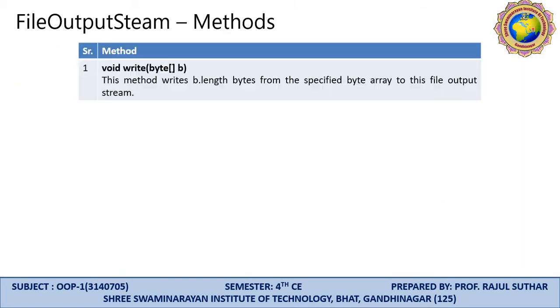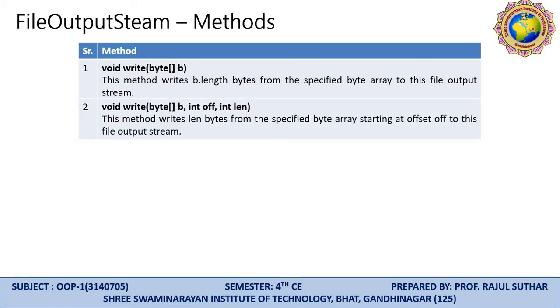FileOutputStream methods. The first method is void write(byte[] b). This method writes b.length bytes from the specified byte array to this FileOutputStream.